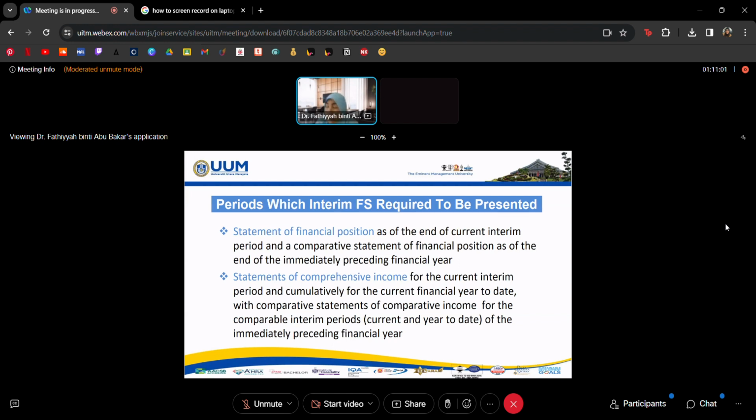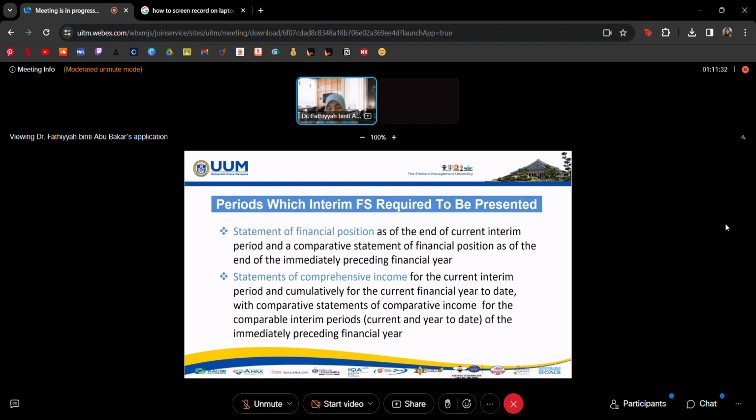So the question is, which amount do you have to compare? The last year December, or do you have to disclose the last year interim data? This is among the things that you have to decide. It says a statement of financial position as of the end of the current interim period, and a comparative statement of financial position as of the end of the immediately preceding financial year.